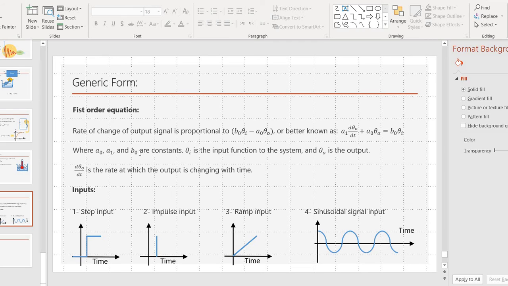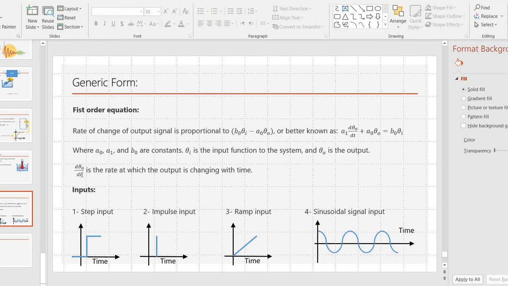A0, A1, and B0 are constants, and theta I is the input function to the system, and theta O is the output. This is O, not 0, for output. And the rate at which the output is changing with time is d theta O over dt.